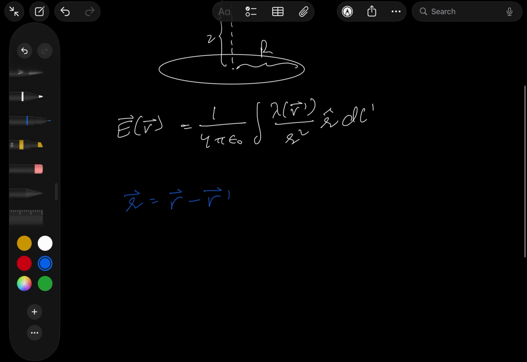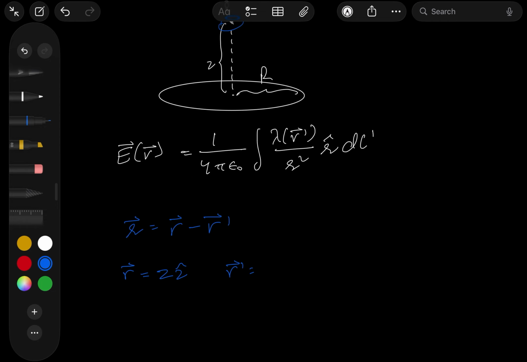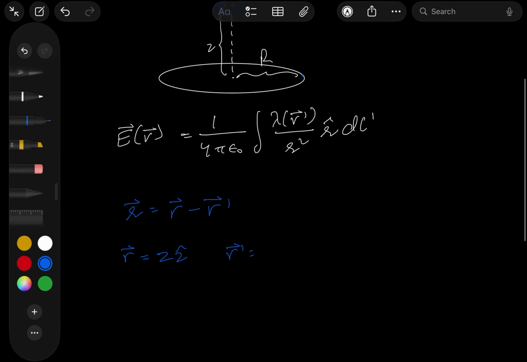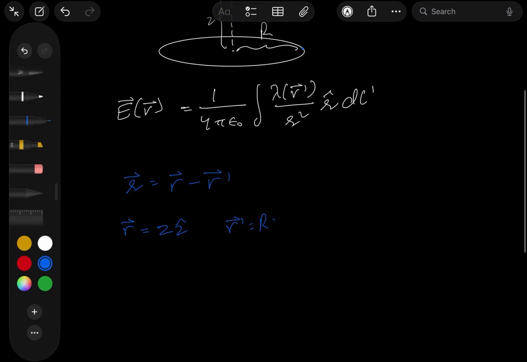So we know that r is going to be z hat, because that's just the location of our charge over here, and r prime, and this is interesting, is just going to be the location of an arbitrary point along the loop. So we can say that it's going to be r sine theta x hat, for any angle theta along this circle.